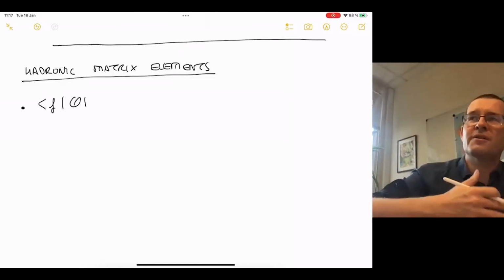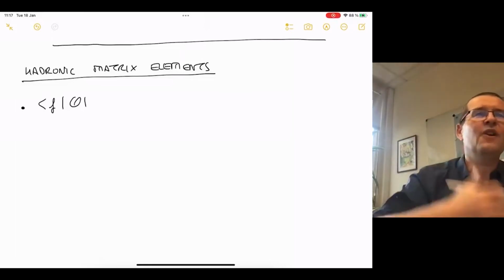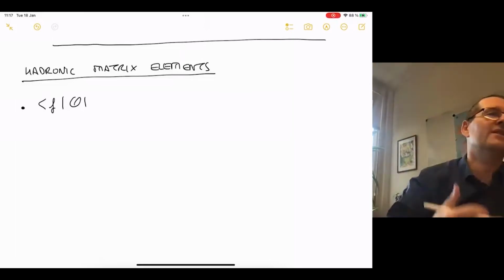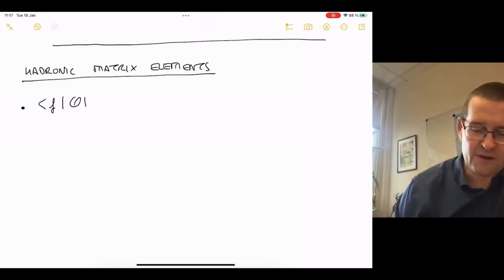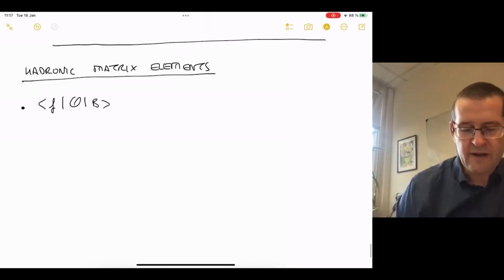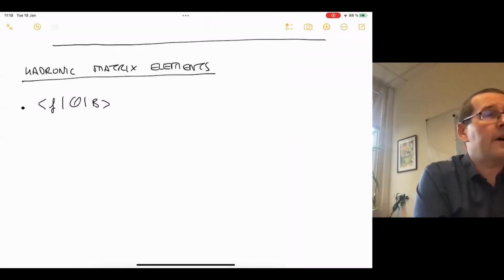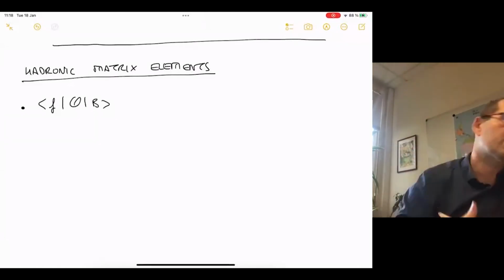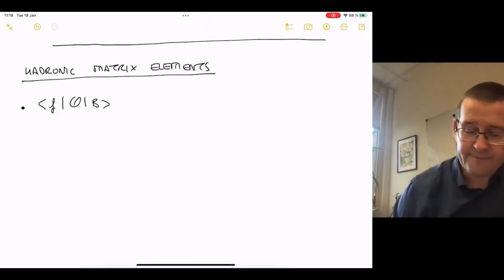But at the very least, if nothing else, you necessarily have to consider the situation where you've got the decay of hadrons, whatever it is, I put B, but that could be anything, going through an operator, and then into a final state.